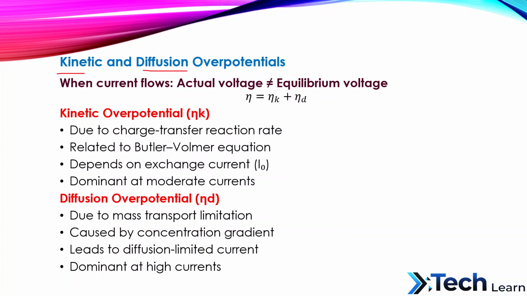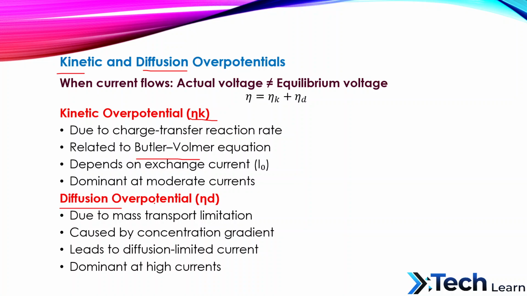Kinetic overpotential is due to the finite speed of the electrochemical reactions at the electrode surface. The Butler Volmer equation describes this behavior. If the exchange current is small, the reaction is slow, and a larger overpotential is required to drive the current. The second one is diffusion overpotential.